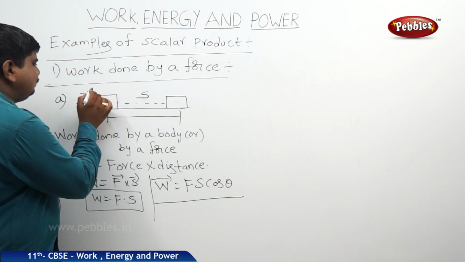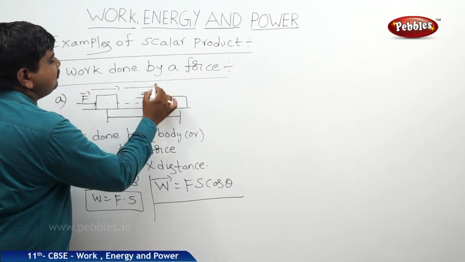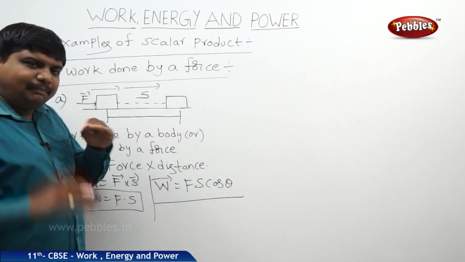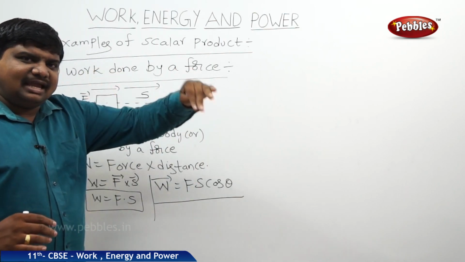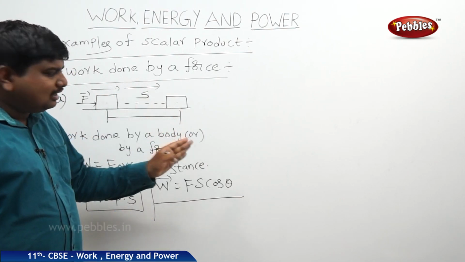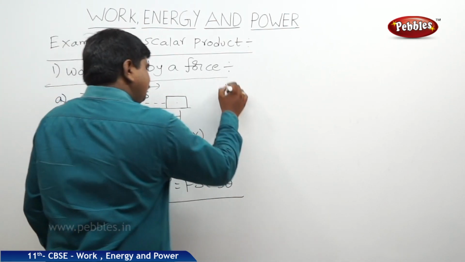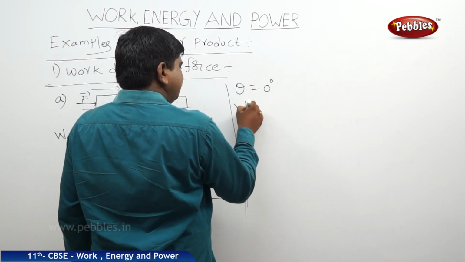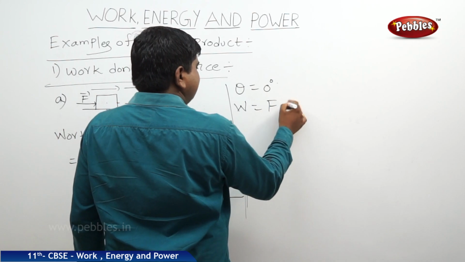So the force and displacement vectors are along the same line. These two are parallel, on the same horizontal plane. So we can write theta is equal to 0 degrees. Therefore work done is equal to F dot S.